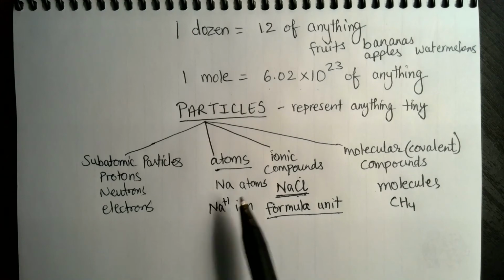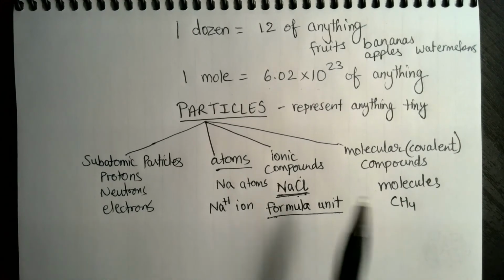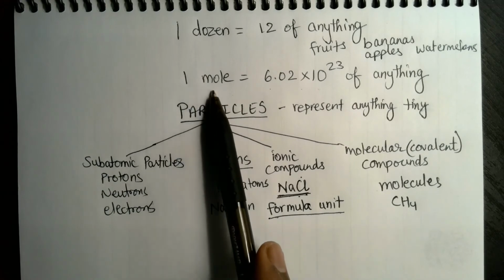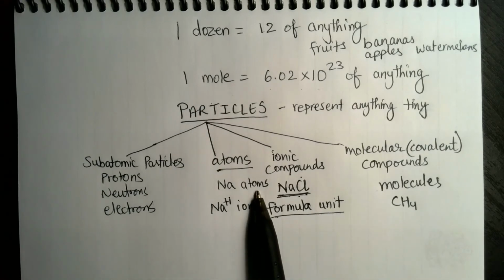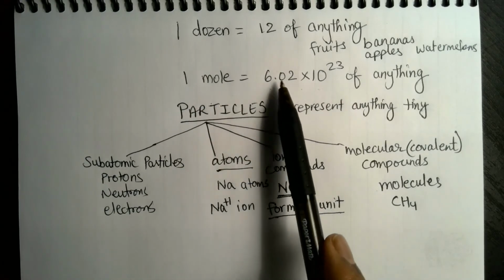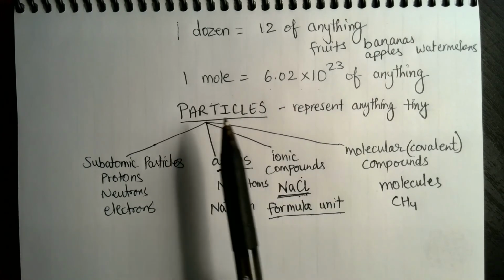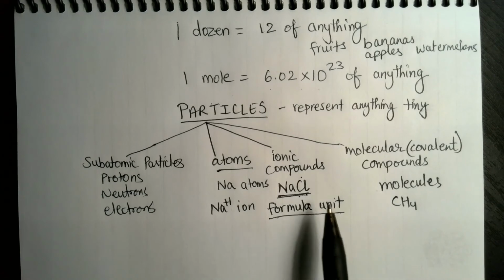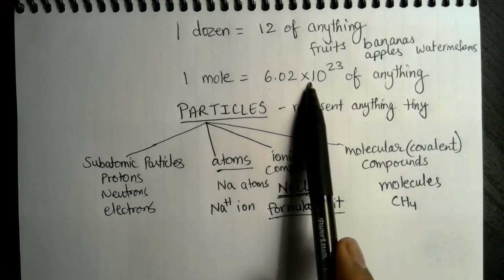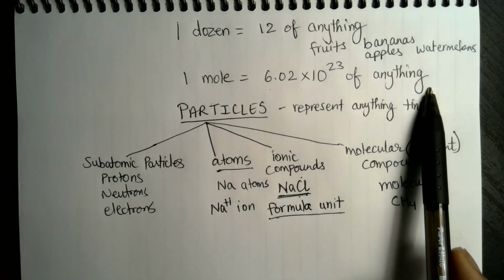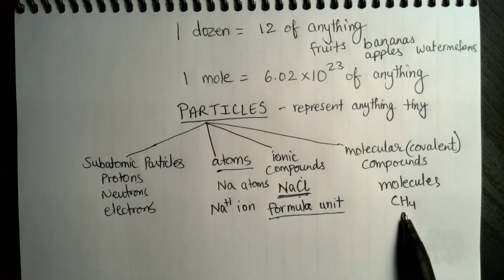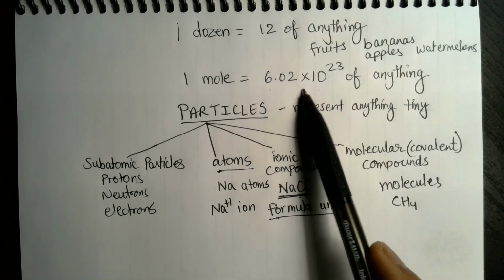Just like that, particles can be different things, different sizes, yet all of them, if I say I have 1 mole of sodium atoms, I'm saying I have this many sodium atoms. If I say I have 1 mole of salt, formula units, then I'm saying I have this many formula units of NaCl. If I say I have this many molecules of methane, you get the point.